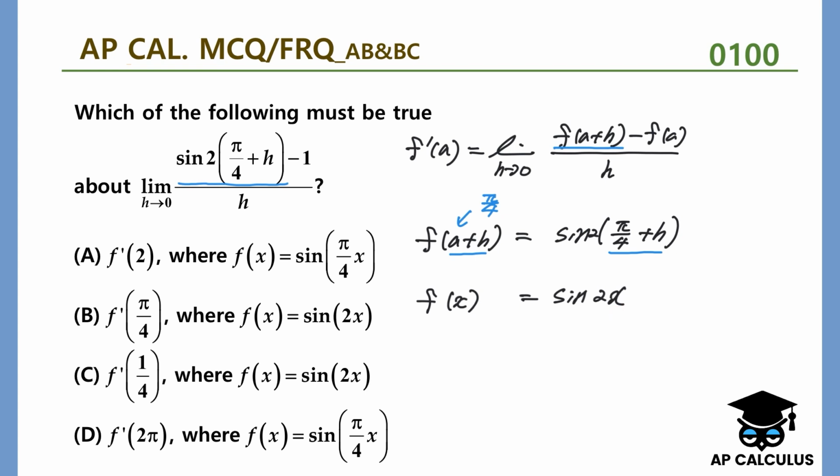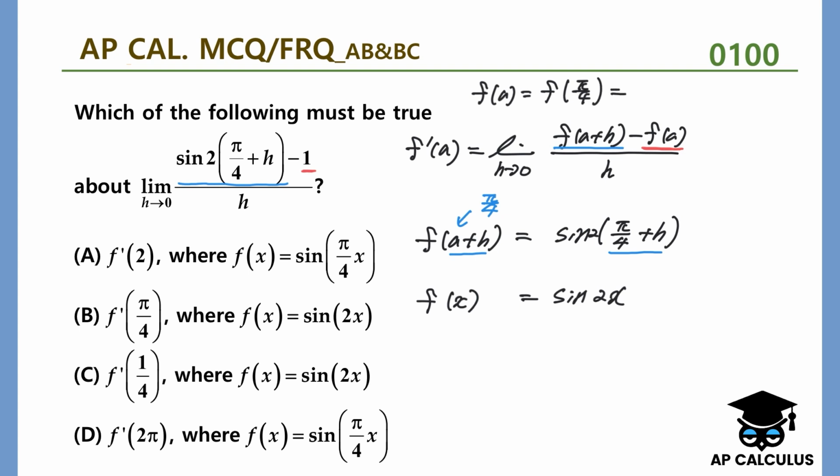And this, we have to check. This expression right here is equal to f of a. Well, a is actually pi over 4, right? So f of a is equal to f of pi over 4.